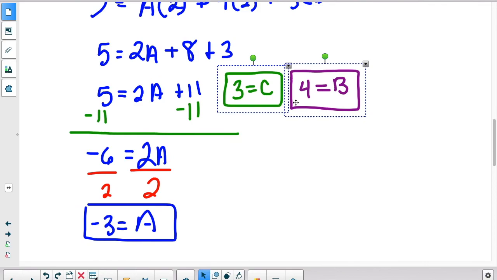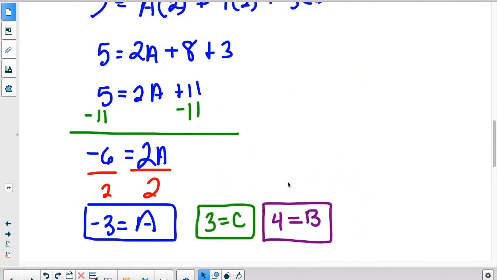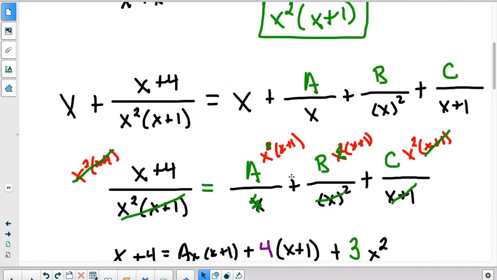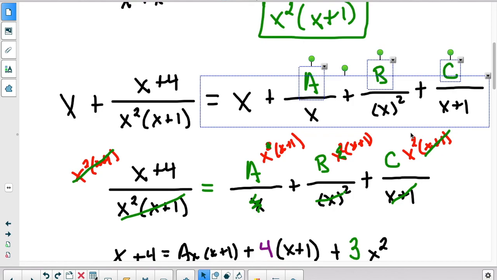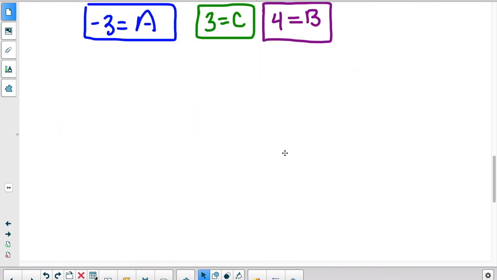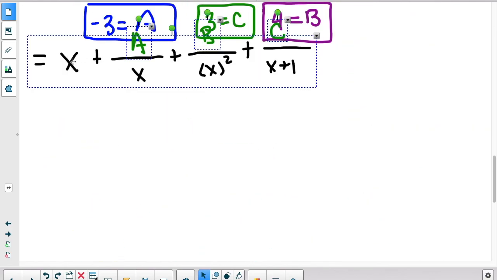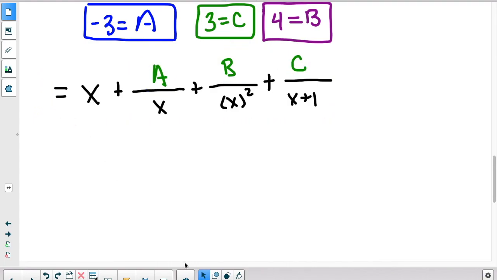So I'm going to move these down here so we have all 3 down here, A, B, and C. And again, what were we trying to match this up to? We were trying to match it up to this here. So we have this here with our A, B, and C. Now we don't need the equal sign, but at this point we can plug in the values for A, B, and C. Now A was negative 3.